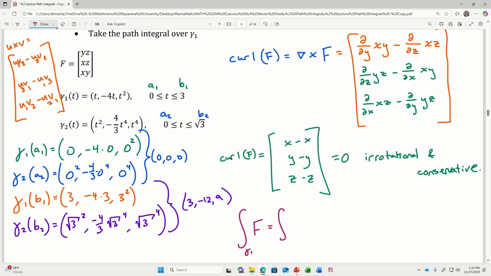And so I've got the integral from 0 to 3 of F dot product with the derivative of gamma 1. The derivative of gamma 1 with respect to t is going to be the vector 1, -4, 2t.